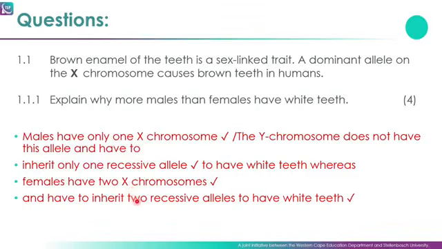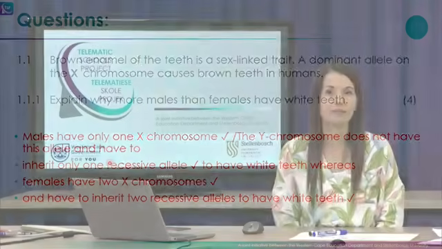So they have to inherit both recessive alleles for them to be able to have white teeth. Please go and learn this answer, and you must be able to apply it to any question that is to do with a sex link, because a lot of times they ask you to explain why a specific sex-linked trait is more common in males than females.